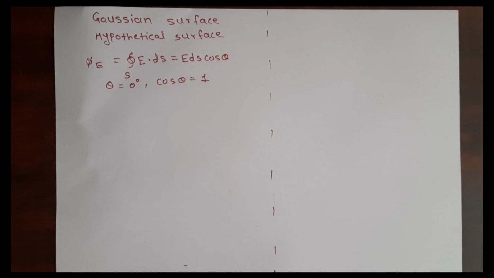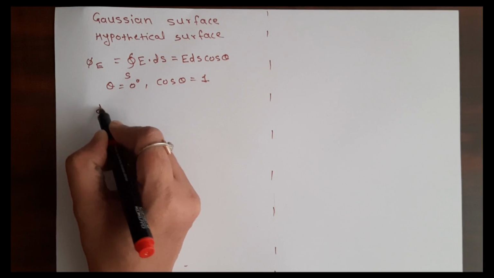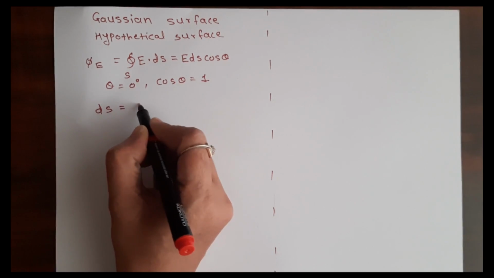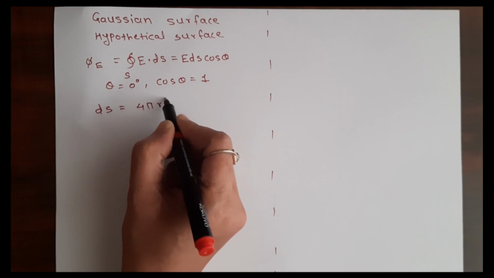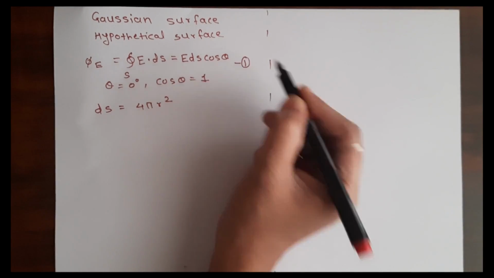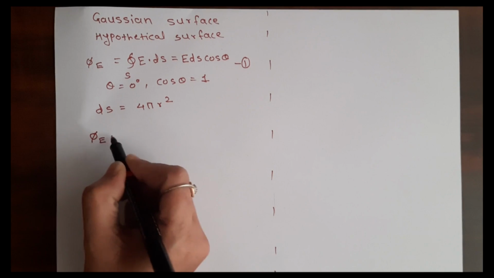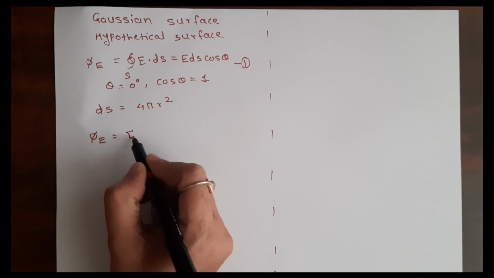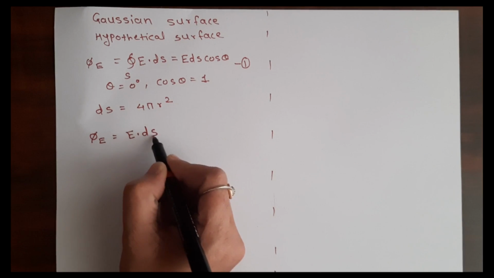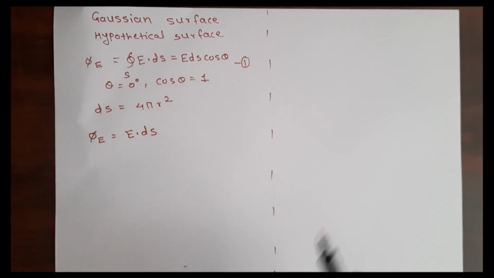Now what is the surface area of sphere? That is ds is equal to 4 pi r square. Therefore, considering equation 1, electric flux equals E dot ds, because theta becomes 0, cos theta equals 1.